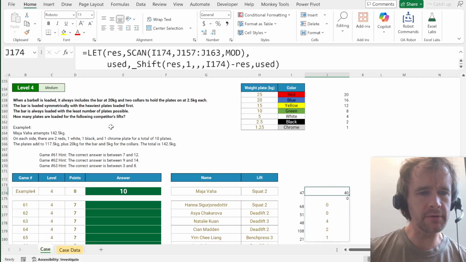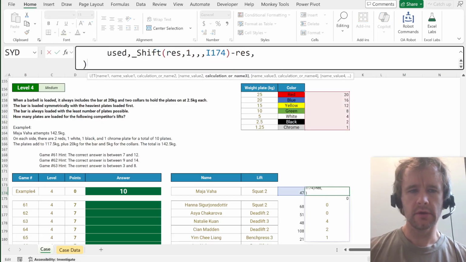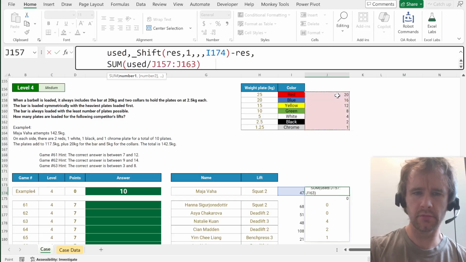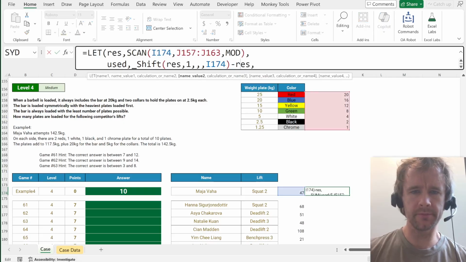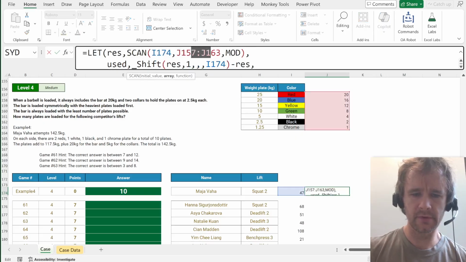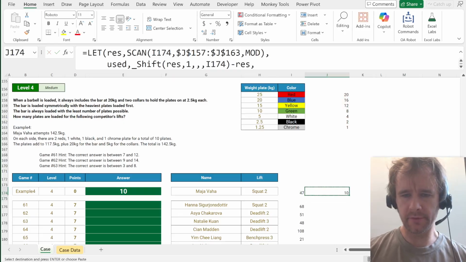And what is the question? How many plates? Okay. So then it's going to be sum of used over this. 5. Oh, right. Double, double, double. That's important. Oops. Yeah, because I'm putting them on in pairs. Okay.